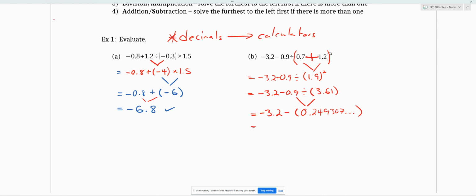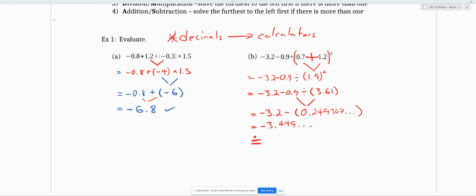So when we're doing that, now I can write our final answer. I can go negative 3.2 on my calculator, subtract this decimal, and I'm going to get approximately negative 3.449 and so on. And it didn't tell us to round it here, and I would accept that answer, but I'll often ask you to round if needed.